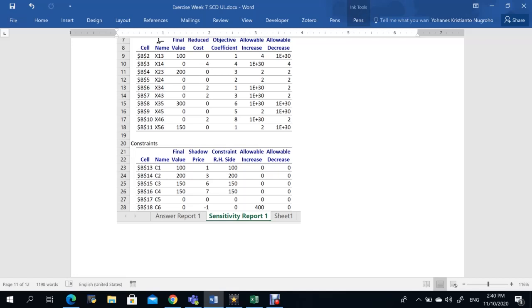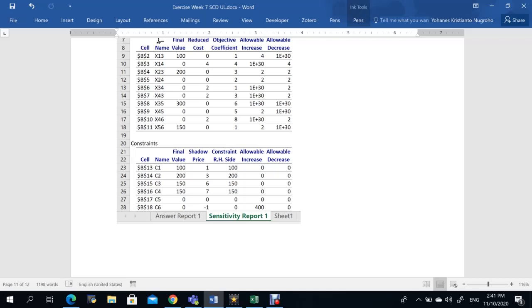For the second, we solve the same problem using Excel Solver to prove that our manual simplex solution gives the same results. For question number 3, we solve using another method called MODI, the modified distribution method. And we conclude that all those 3 solution methods produce the same result.